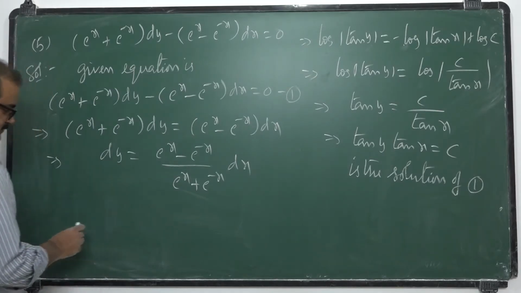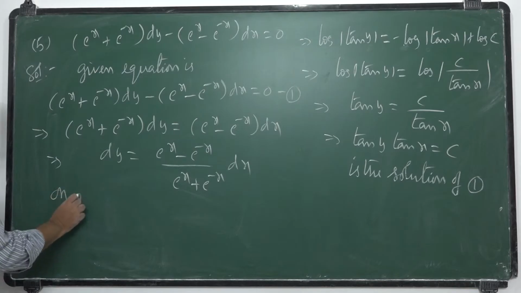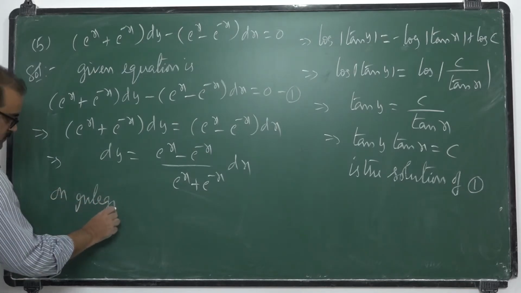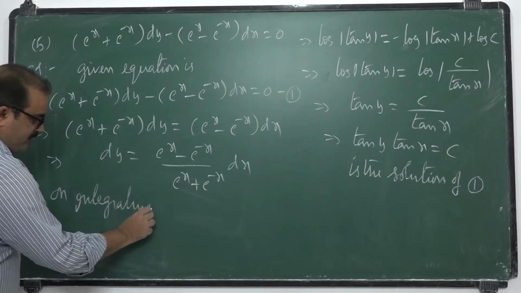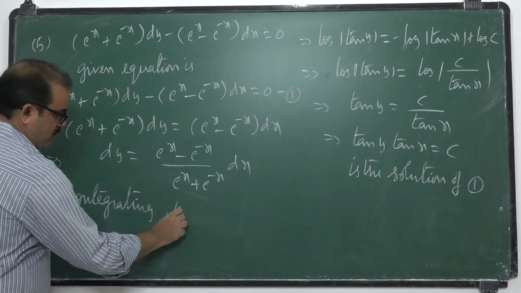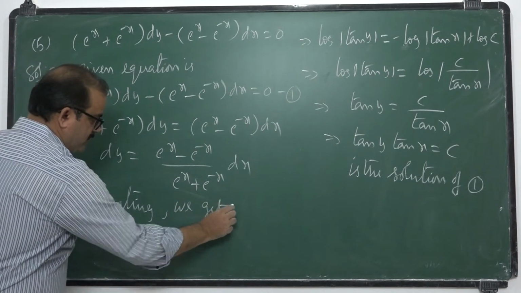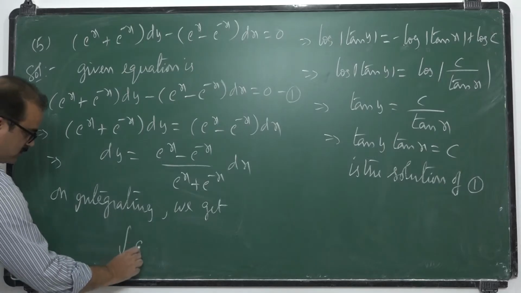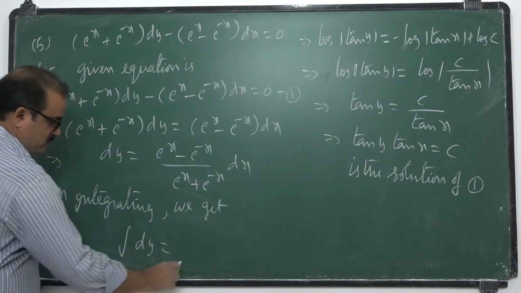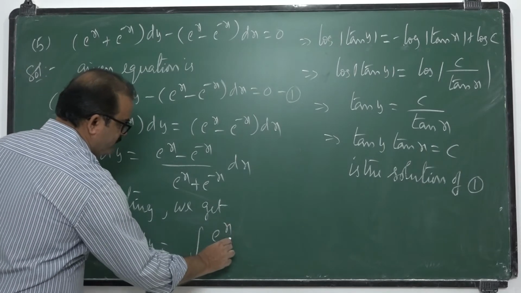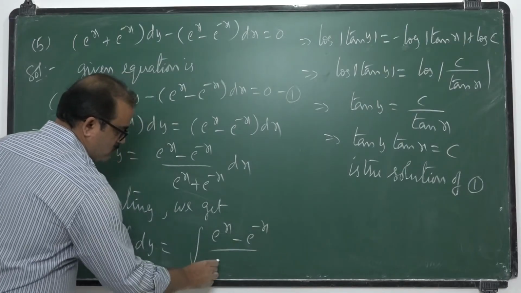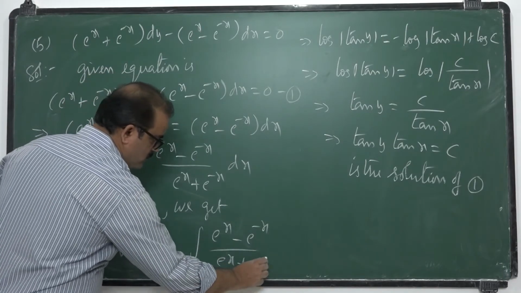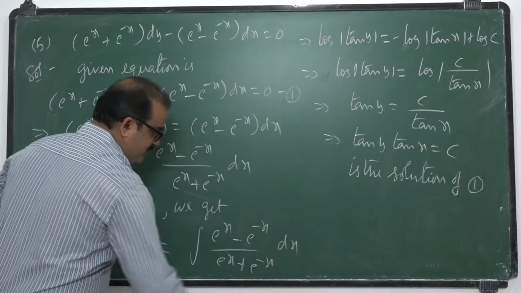Now on integrating, we get integral dy is equal to integral of e power x minus e power minus x by e power x plus e power minus x into dx.